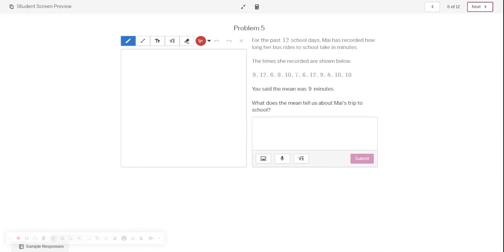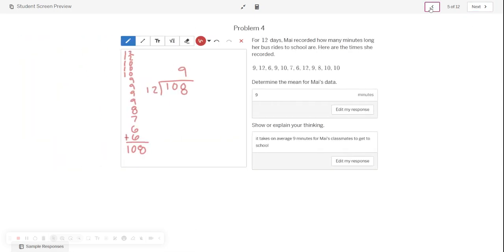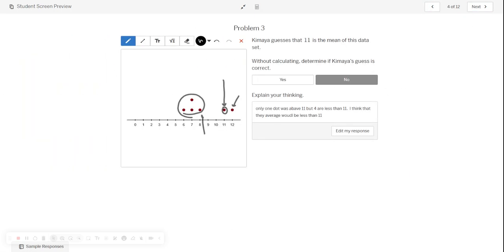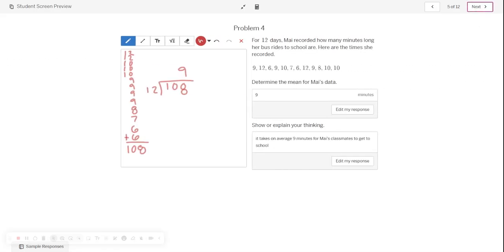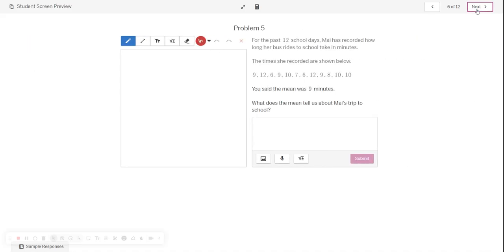In the past 12, she said her mean was 9 minutes again. Wait, is this different numbers? I could have sworn I just did this one. Problem 4. Is it the same? Yes, the same numbers. You said that the mean was, what does this mean?